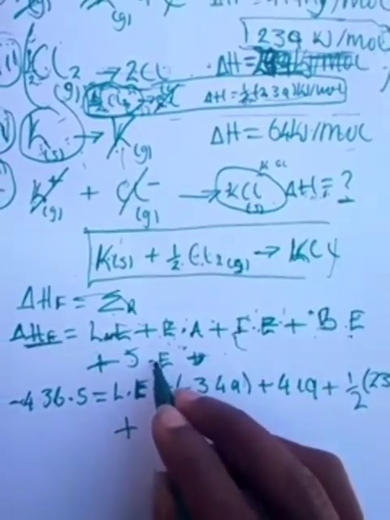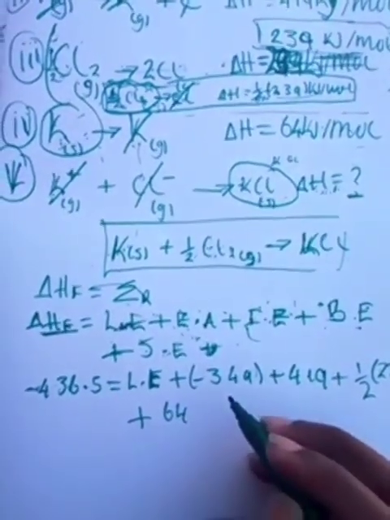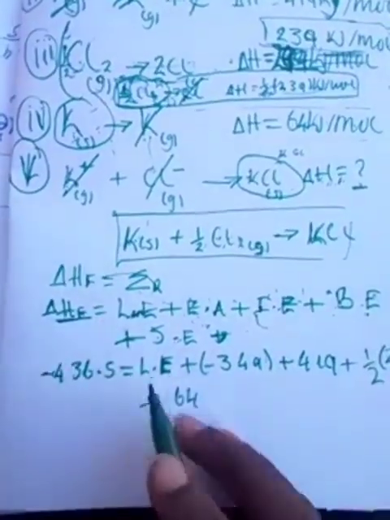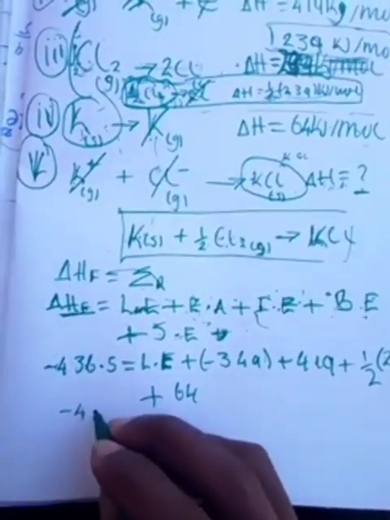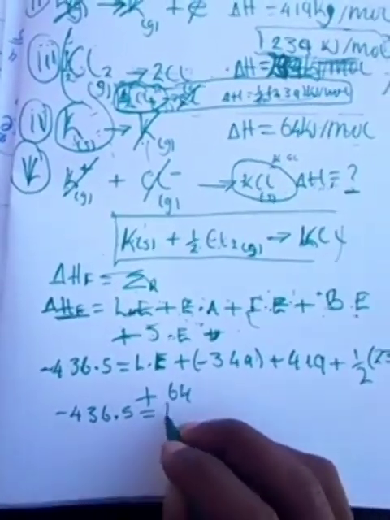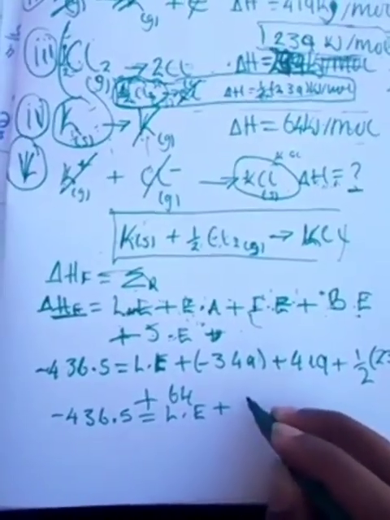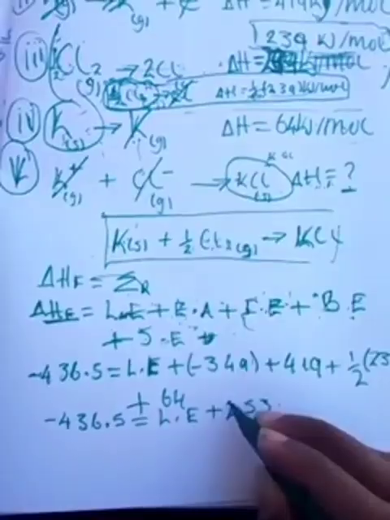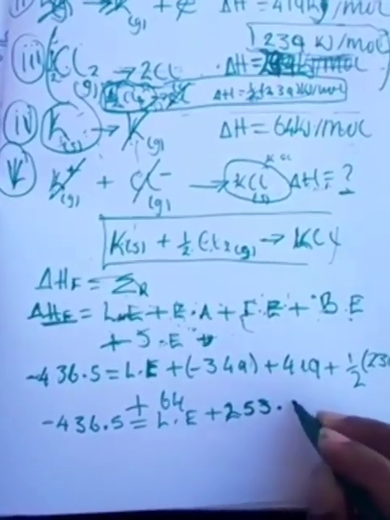Now sublimation energy, it is simply 64, right? So what you do, just sum them up. When I sum them up, here first I have 3, which is the enthalpy of formation, lattice energy, plus I'm getting 253.5.